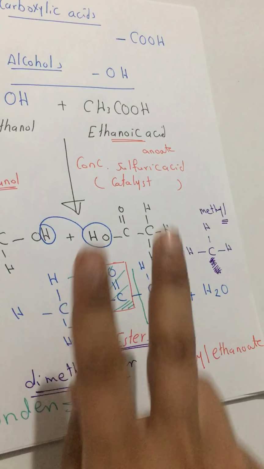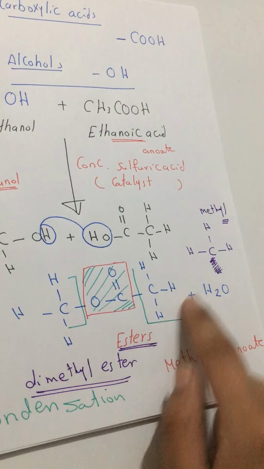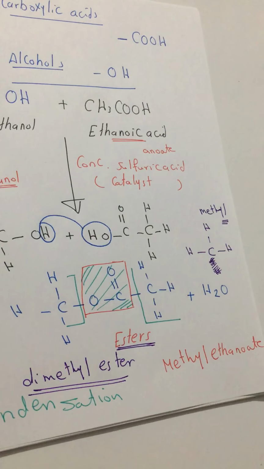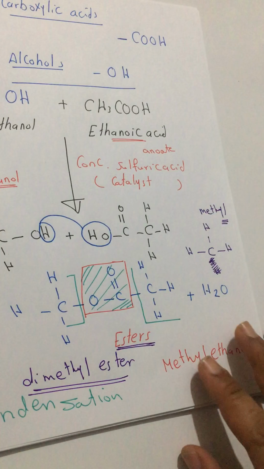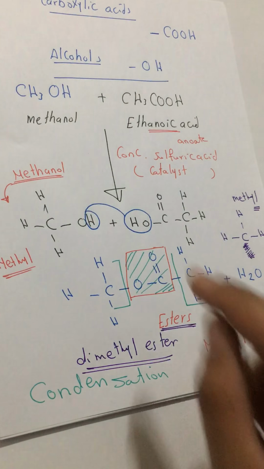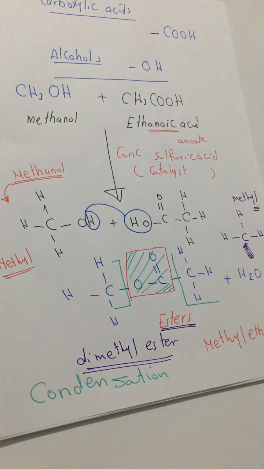And the remaining parts of both compounds are going to join to form a bigger compound. This is a chemical process when two compounds join together by removal of water. And it doesn't belong to the idea of condensation of water in the physical change. For physical changes, condensation means changing of water from the gaseous state to the liquid state. But in chemical changes, condensation means joining two compounds by removal of water.